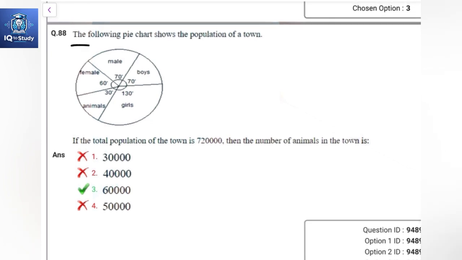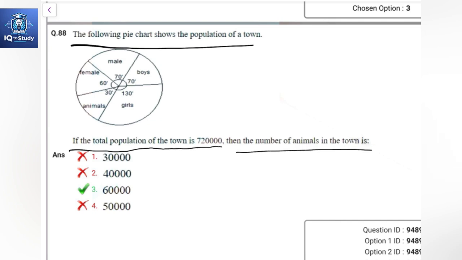The following pie chart shows the population of a town. If the total population of the town is 7,20,000, then the number of animals in the town is?